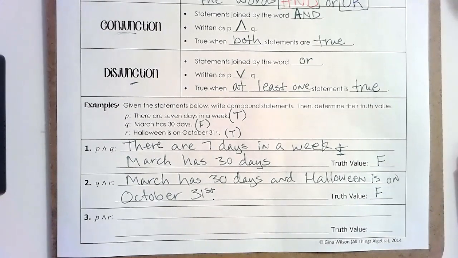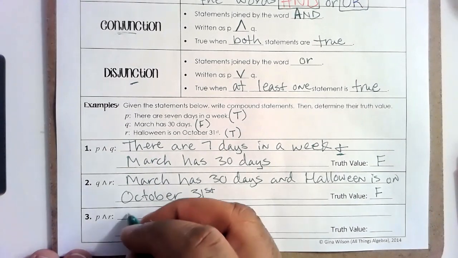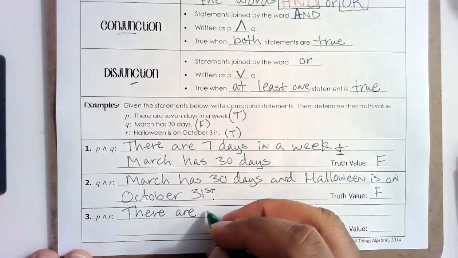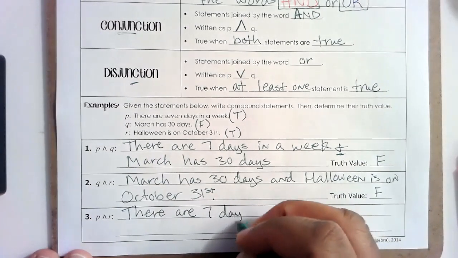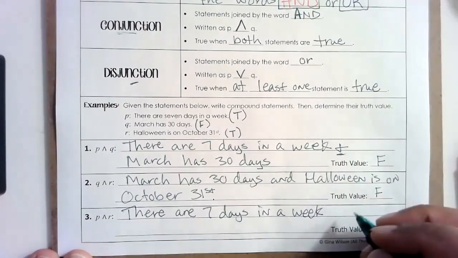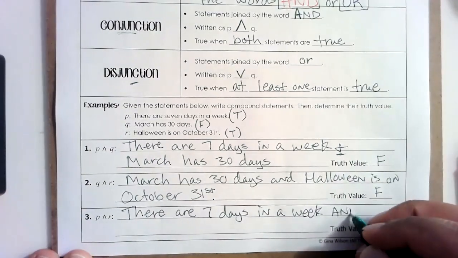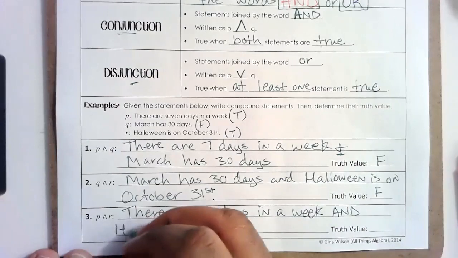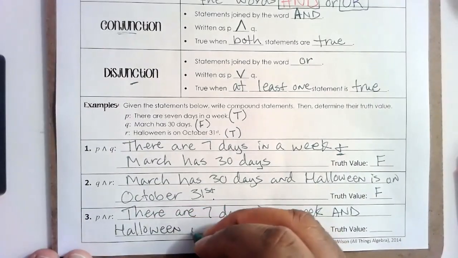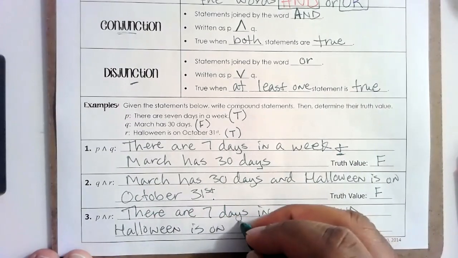Okay. Let's take a look at number 3 here. We've got P and R. So I'm going to write that compound statement, which says there are 7 days in a week and Halloween is on October 31st.